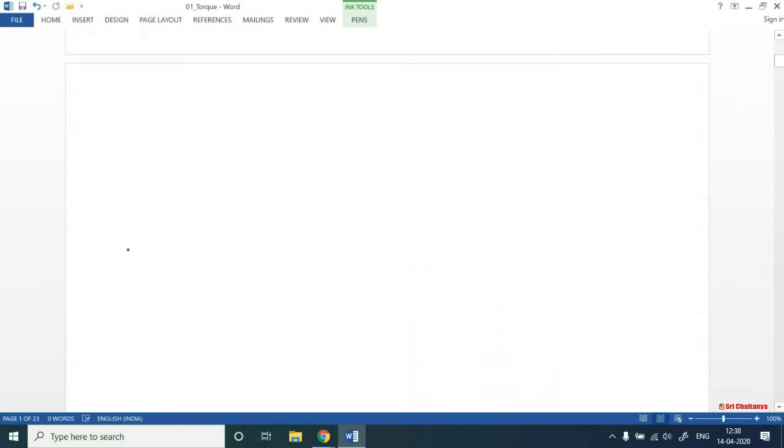So let's say this is a horizontal surface, and from point O, a particle of mass m is projected with initial velocity u, making an angle theta with the horizontal. So obviously its motion is going to be projectile motion, like this. This is the path it is going to follow.